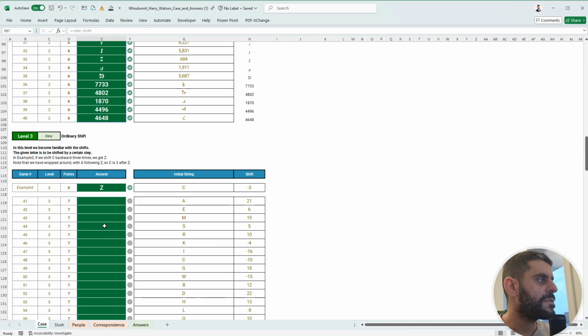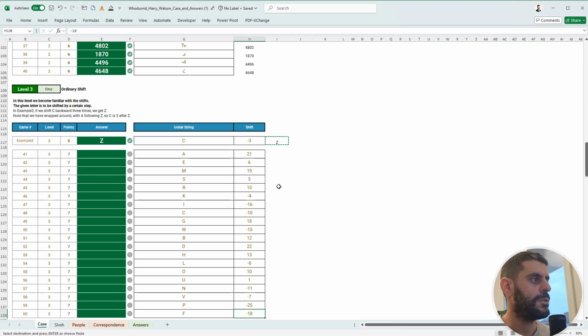Level 3 asks you to shift this letter by a certain amount that can be also negative, and will wrap around the 26 letters of the alphabet. So I have a lambda to do this, which is called go around letter, and this is simply done with this function.